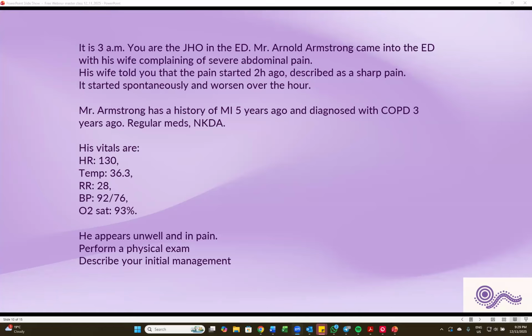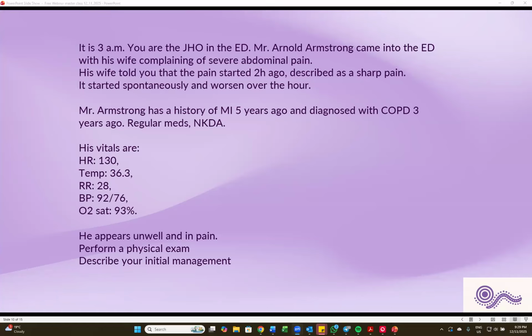Along with that, I would like to do the Murphy sign to rule out cholecystitis on the right upper quadrant. So I will ask the patient to breathe in. Then I'll place my hand on the right upper quadrant.